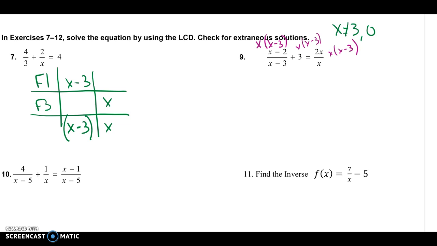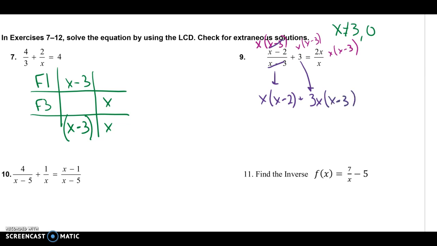And the other reason why I'm doing this is so I don't have a denominator, and then it's much easier to solve. So starting with the fraction on the left, you'll see that this x minus 3 will take out this x minus 3, so I'm left with an x and x minus 2. The second one does not have anything to cancel out, so I'll bring the 3x, 3 times x, with the x minus 3.